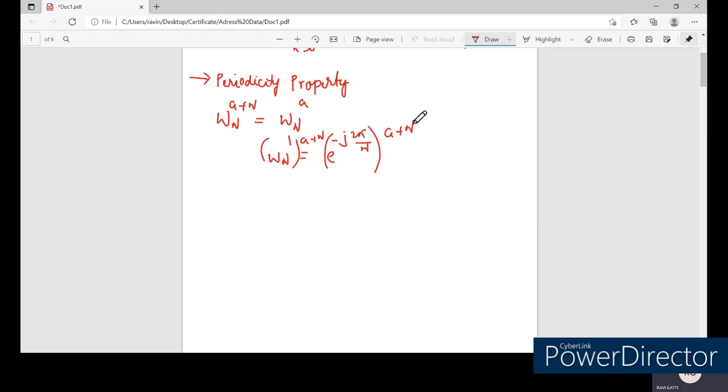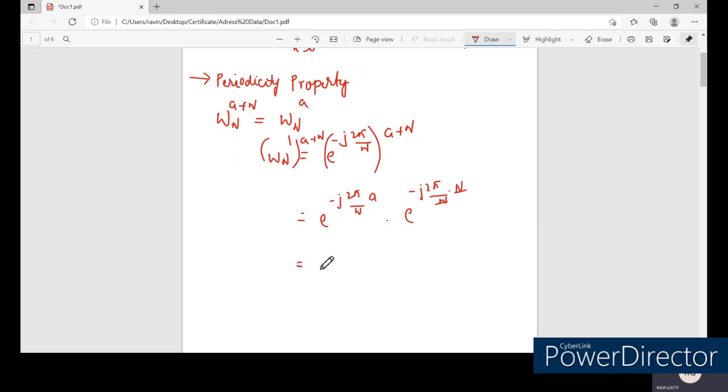Now we know that e^(a+b) can be written as e^a times e^b. So if I simplify this, what you'll be getting is e^(-j2π/N · a) multiplied by e^(-j2π/N · N). Now you can see that in the denominator you have N and in the numerator you also have N, so these two terms cancel out.